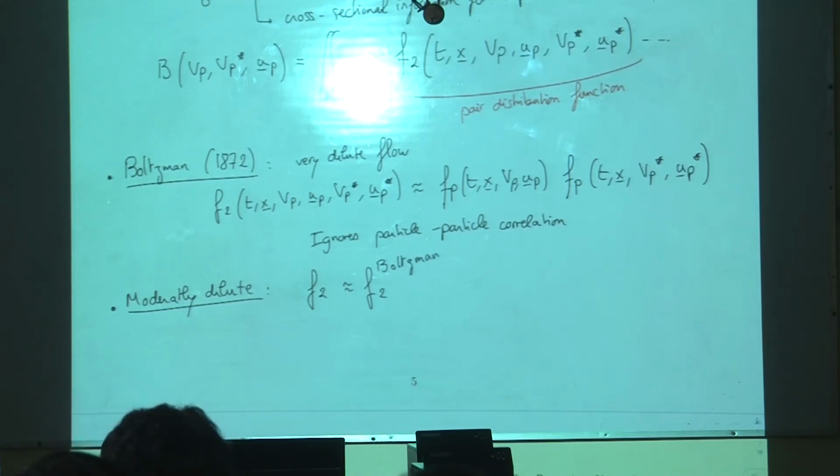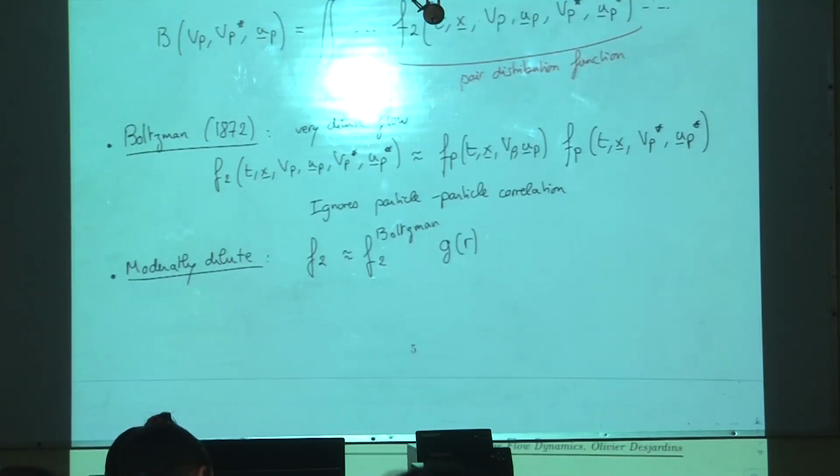How would you correct it? You would correct it by directly multiplying by the radial distribution function G of R. That is just the number of pairs that exist at a given position at a given time, separated by the distance R. So that essentially accounts for the fact that you don't have an equal probability of finding particles separated at R, then at R1, then at R2.